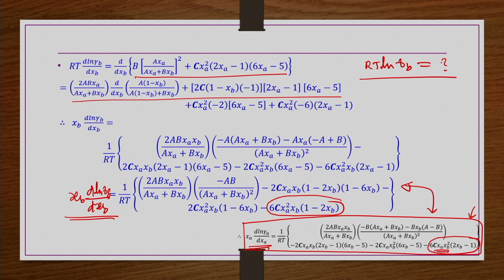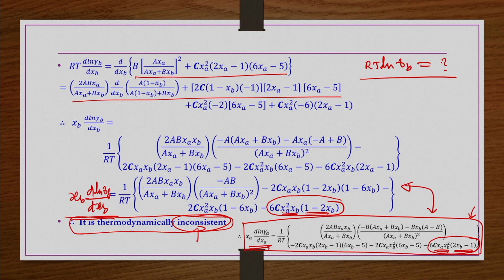Here it is xa xb square, there it is xa square xb, and here it is 2 xb minus 1, there it is 1 minus 2 xb. So, they are not the same, not equal to each other. That means we say it is thermodynamically inconsistent.